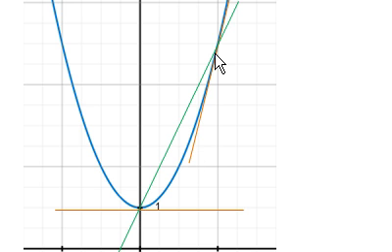And then this green line passing through is the average rate. This is the average between the slope of this line and the slope of this line. And we said that that average was 2.